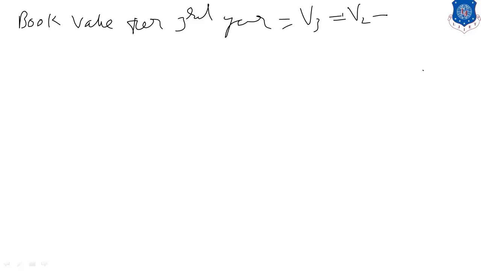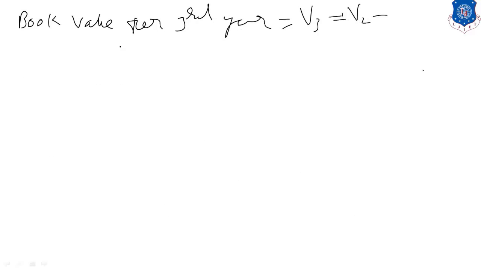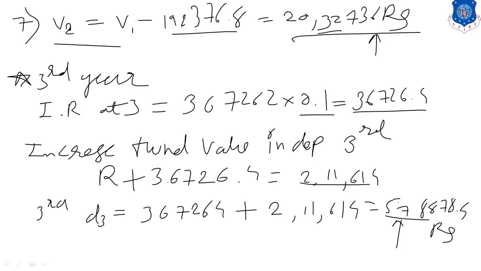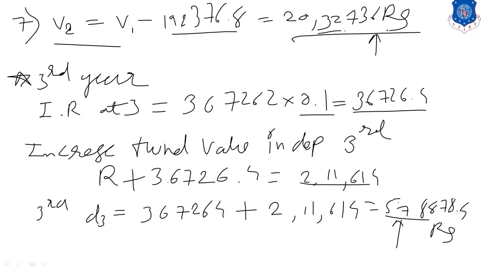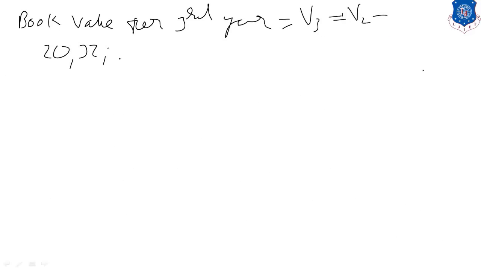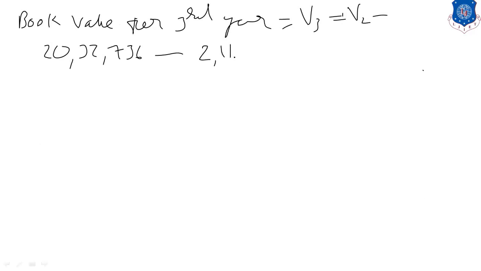V2, the book value of the second year, is 20,32,736, minus our depreciable amount, which is 2,11,614.